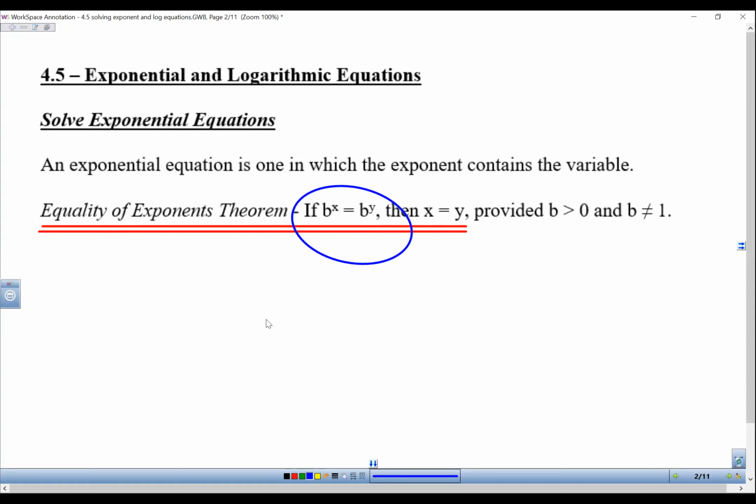If that is true, then x has to equal y. So that's the idea we're going to be using with exponential equations. We want to rewrite the expression so that the bases are the same. Remember, the base has to be greater than 0 and not equal to 1. Keep that in mind as you're going through these.